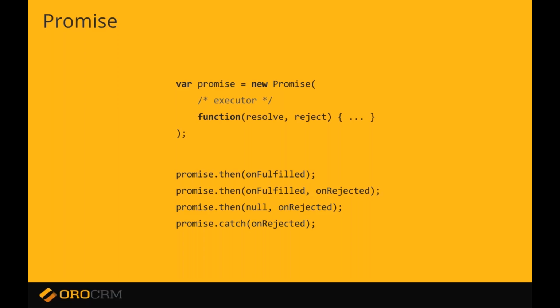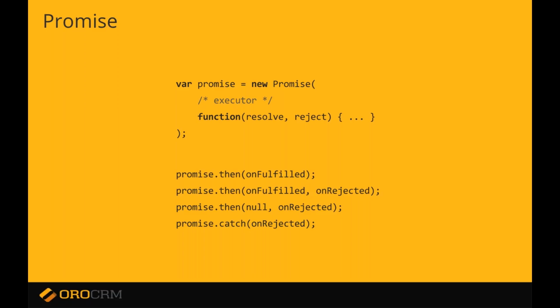In the JavaScript specification, we have the Promise constructor, which creates a new promise object, and that constructor accepts only one argument, an executor function. Once this executor function is executed, it will get two handlers, two callbacks, which we are obligated to invoke once our process is done or failed.